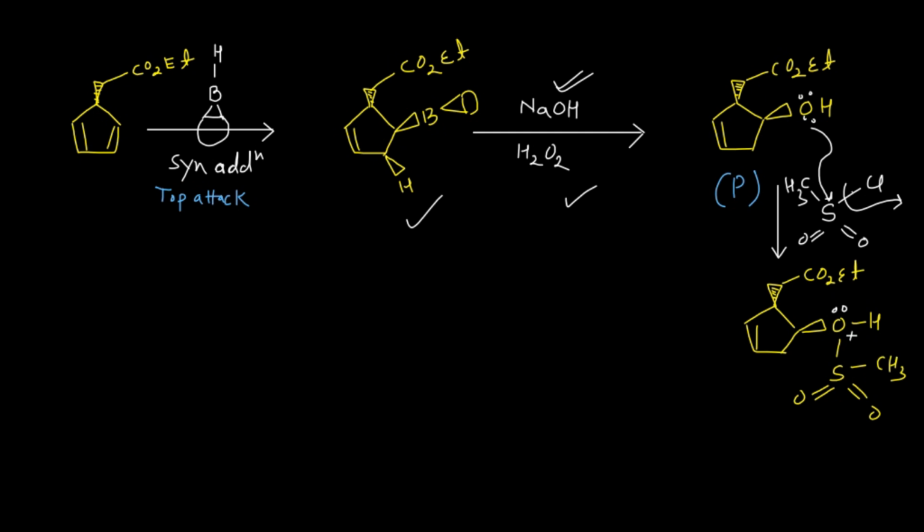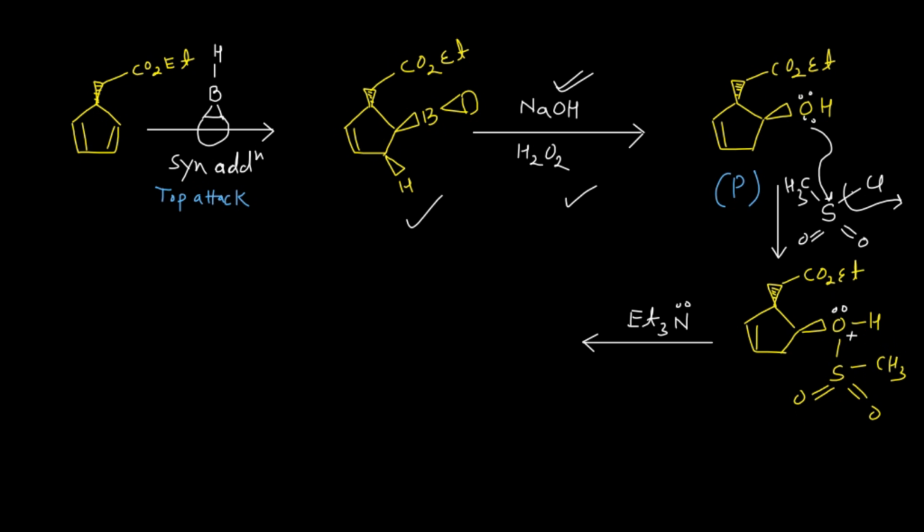Now it is quite important. In the next step, according to the reagents given in the reaction, triethylamine, Et3N, is given here. So basically this is basic, and you all know the hydrogen present on the alcohol is acidic in nature. So what will happen?